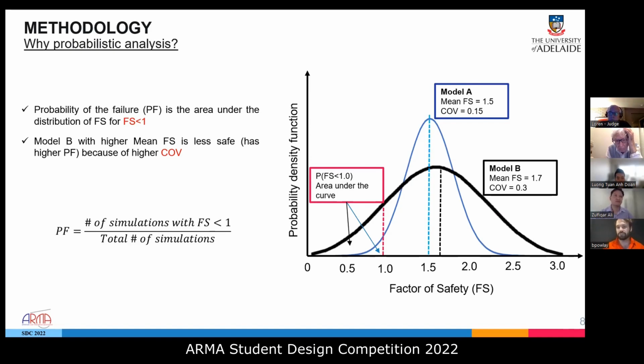If you look across to the graph, model B starts out with a mean factor of safety of 1.7, higher than model A, but due to the coefficient of variation of 0.3, it actually fails more times than model A. So by using a deterministic analysis, you'd use the 1.7 value and assume that it's fine, but probabilistic analysis shows that model A is actually the better option.